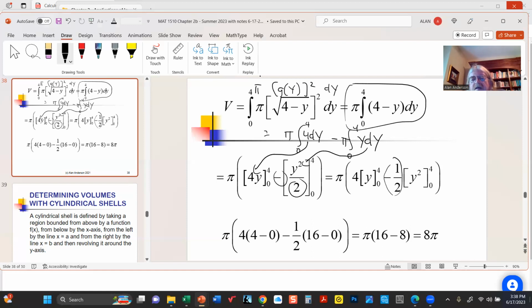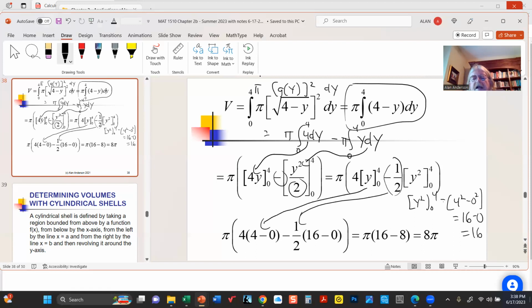And so I ended up with 4 times 4 minus 0, minus 1/2 times 4 squared minus 0 squared, which is 16 minus 0, or 16. And so you end up with 4 times 4 is 16, and this is -8. So ultimately you wind up with 8 pi.